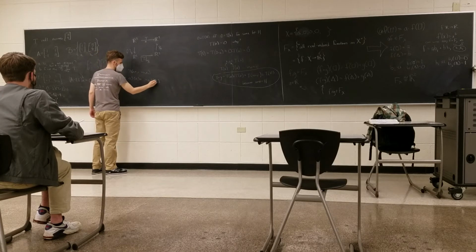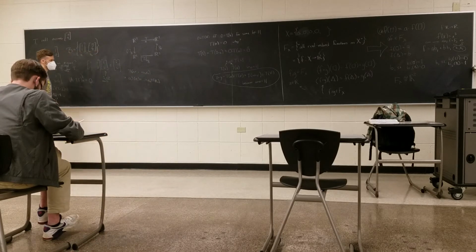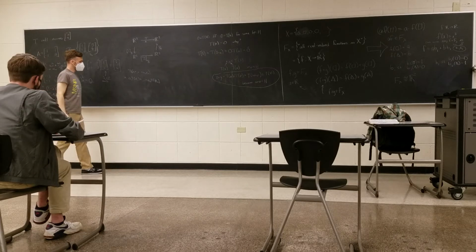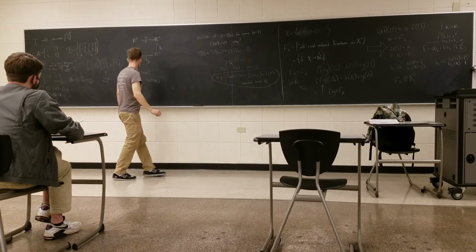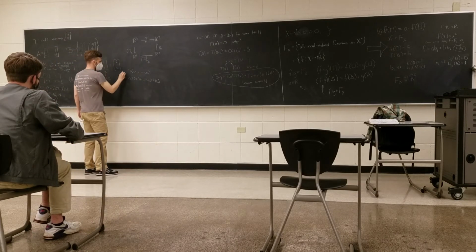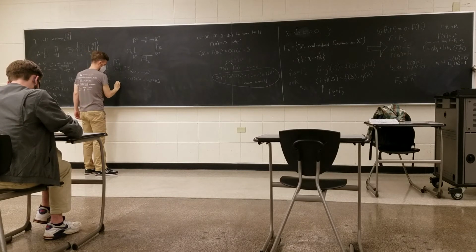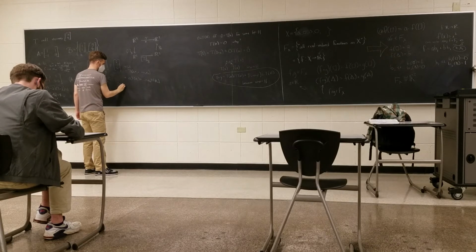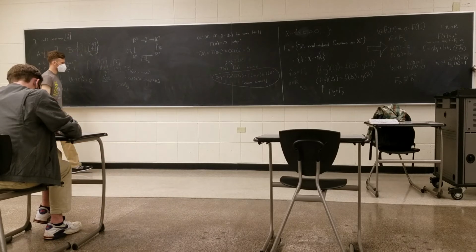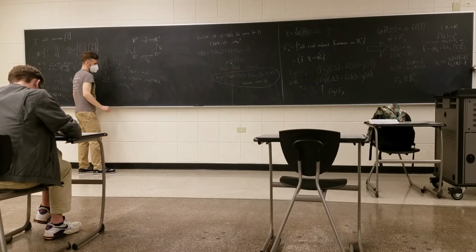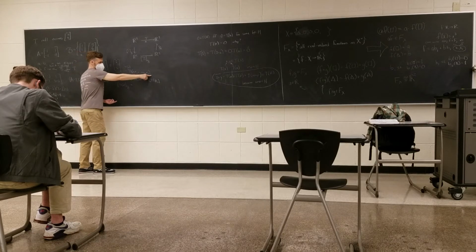So I'm going to use E's, since this is our standard basis. And then let's call this T of X. So T of X with respect to our basis B is square brackets of this thing.